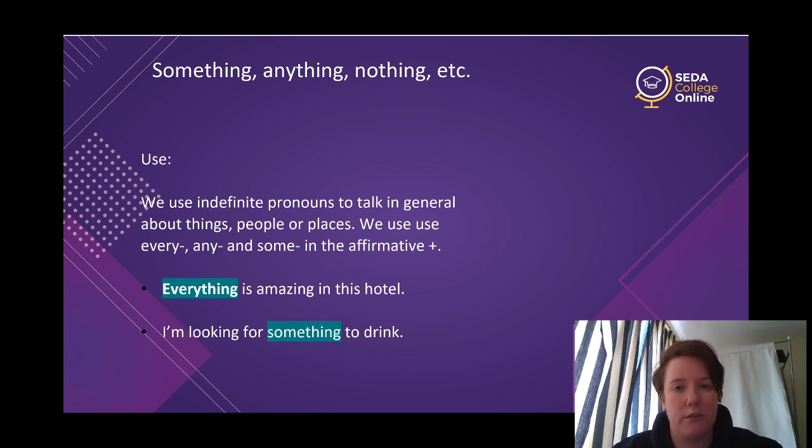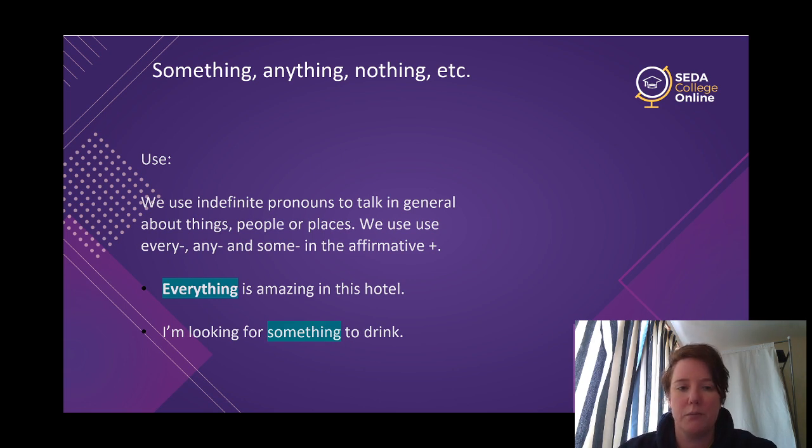Let's look at the example here. Everything is amazing in this hotel. Everything, so you're referring to objects in this sentence. I'm looking for something to drink. So these are all positives.